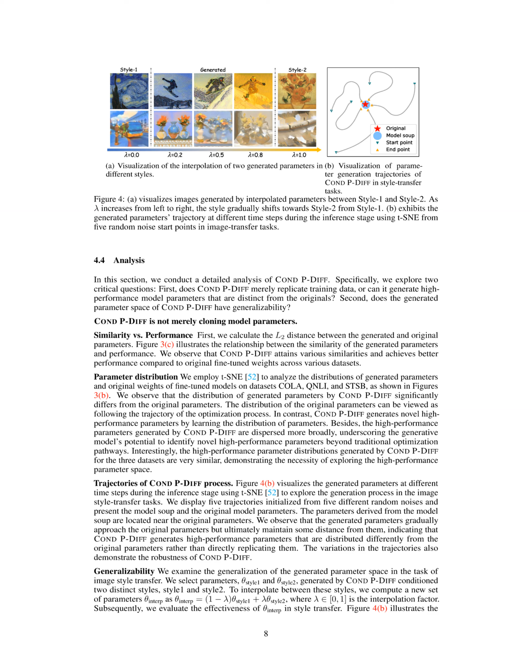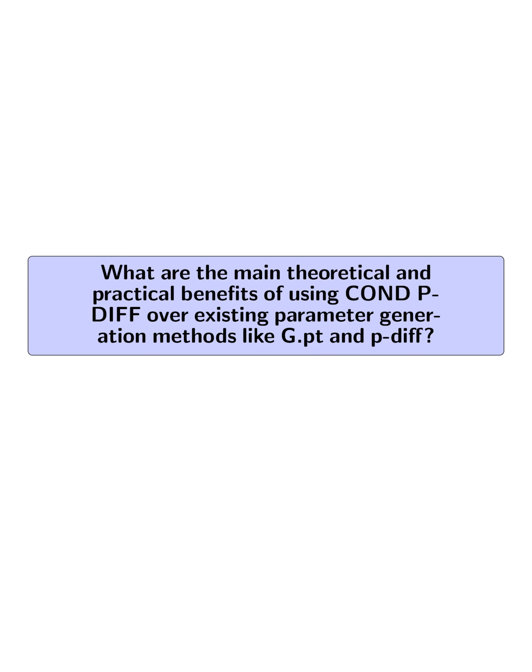This process highlights how COND P-DIFF synthesizes novel parameters rather than merely replicating existing ones, demonstrating its effectiveness in generating task-specific model weights. What are the main theoretical and practical benefits of using COND P-DIFF over existing parameter generation methods like G.PT and P-DIFF?